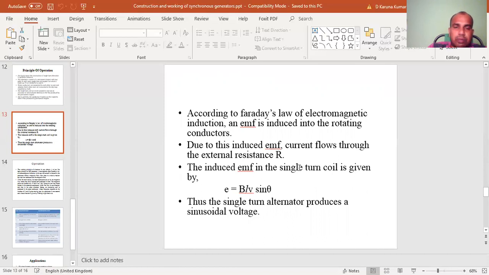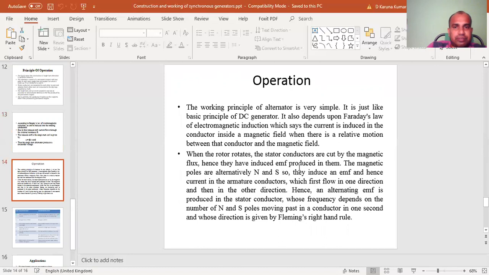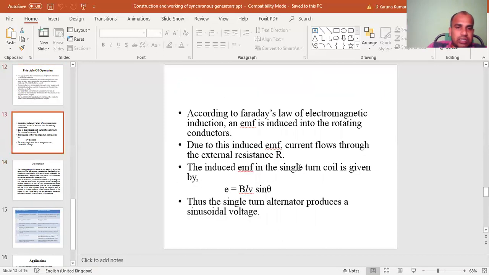The working principle of the alternator is very simple. It is the basic principle of the DC generator. It also depends upon Faraday's laws of electromagnetic induction, which says that an EMF is induced in a conductor inside a magnetic field when there is relative motion between the conductor and the magnetic field. When the rotor rotates, the stator conductors are cut by the magnetic flux, hence EMF is induced in them.